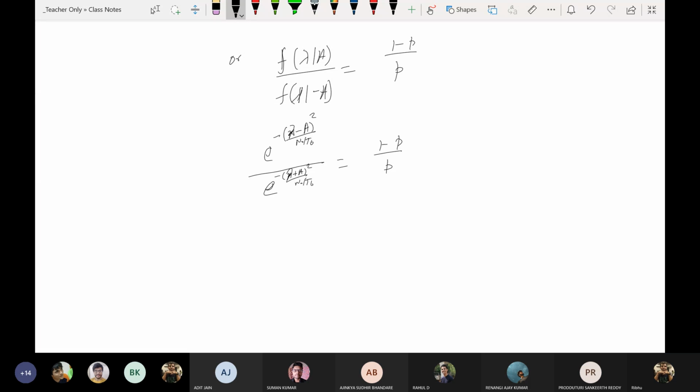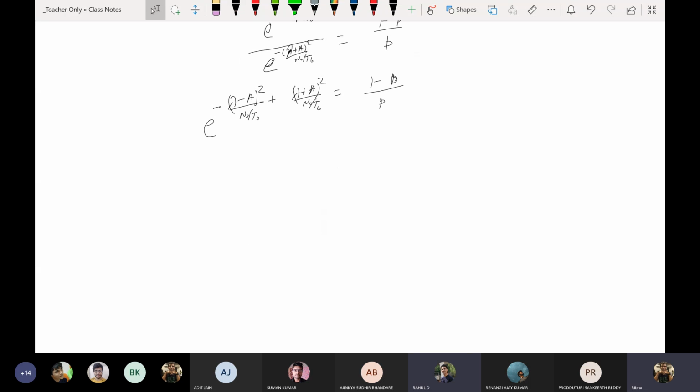So e to the power of lambda plus a whole square minus lambda minus a whole square divided by N naught Tb equals 1 minus p over p. Fine.